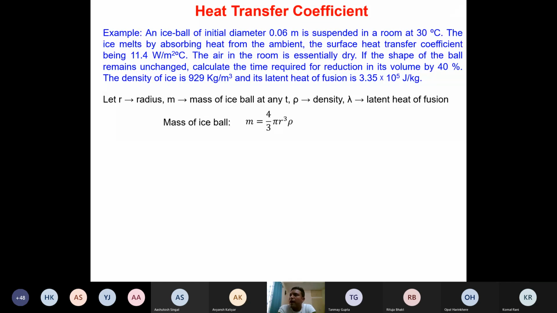Again, since the mass of the ice ball is going to reduce as the time increases, you have to actually find out minus dM by dt. So find out minus dM by dt, multiply it by the latent heat of fusion lambda. That will be nothing but the energy absorbed by the ice ball. Okay. Then equate it to the Newton's law of cooling.